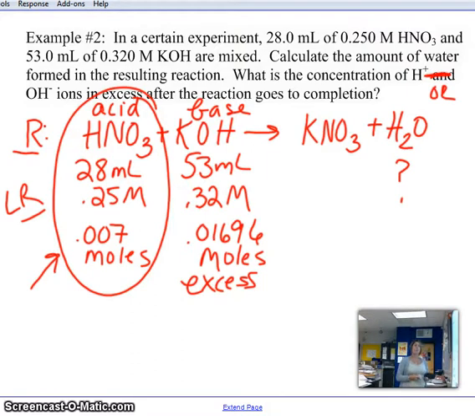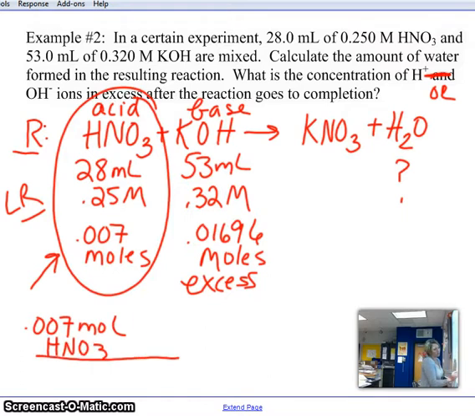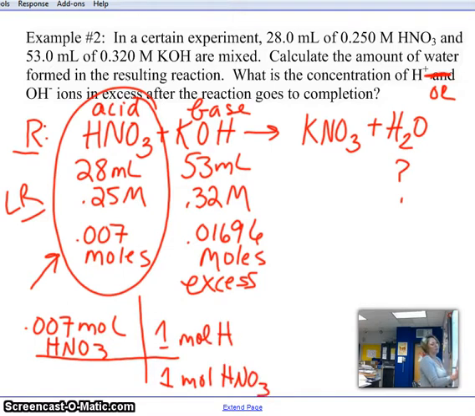Once I know who's limiting, I use the moles of it to find the moles of my product. So 0.007 moles of HNO3. According to the equation, for every 1 mole of HNO3 that's used, I generate 1 mole of water. So I'm going to make 0.007 moles of water.